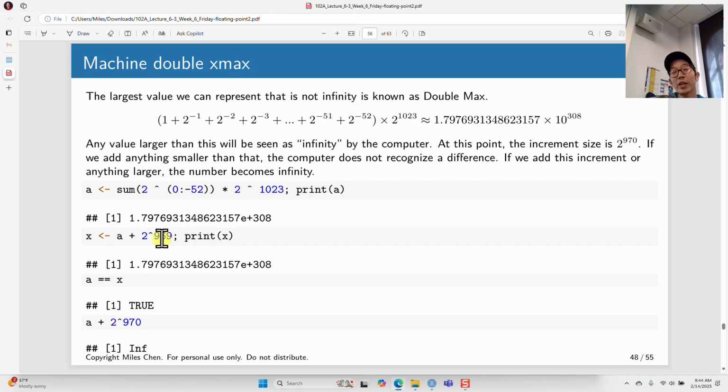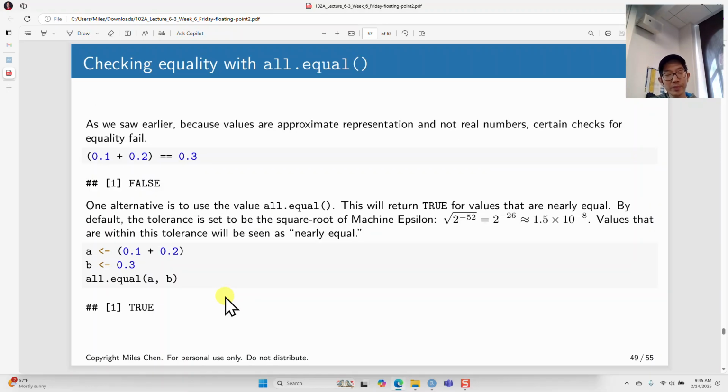If I try to add 2 to the 970, though, the computer comes back and says, oh, that's infinity, okay? So this is the largest possible number I can represent. If I try to add 2 to the 970 to it, the computer blows up and says, that's infinity. But I can't add anything smaller, like 2 to the 969, the computer can't detect that.